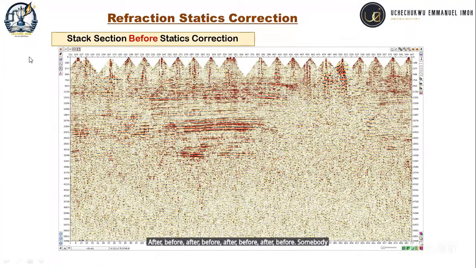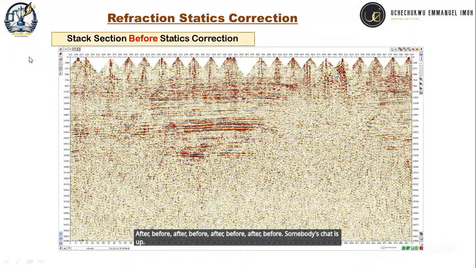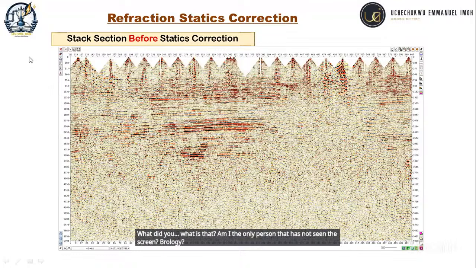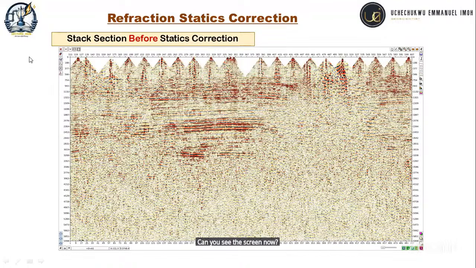Somebody's chat is up. What is that? Am I the only person that's not seeing the screen? Bolaji, can you see the screen now? I'm seeing the screen. Yes, now I can see it. So what are you seeing on the screen? The title? Refraction statics correction.